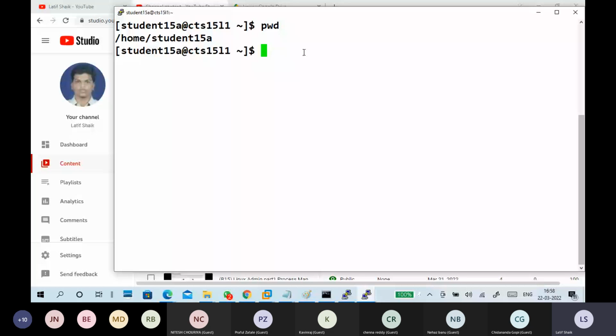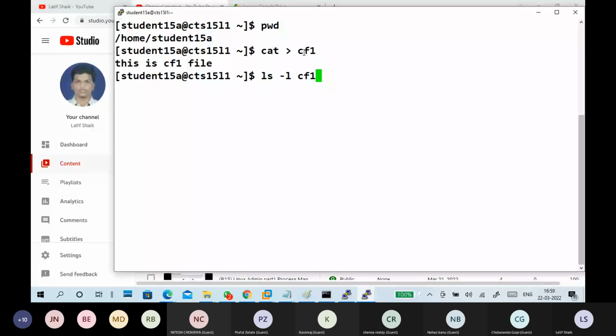First of all, I create a file. The file is PF1, otherwise CF1. What I'm trying to do is with the CF1 file. So this is the CF1 file. Control D, the file is created. ls -l CF1, only that file's permission.